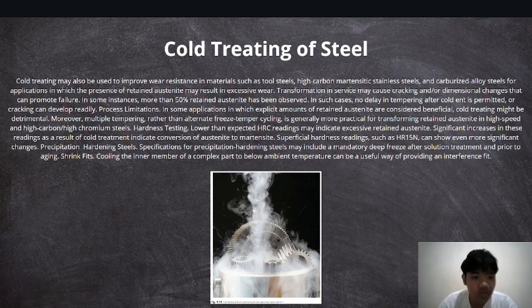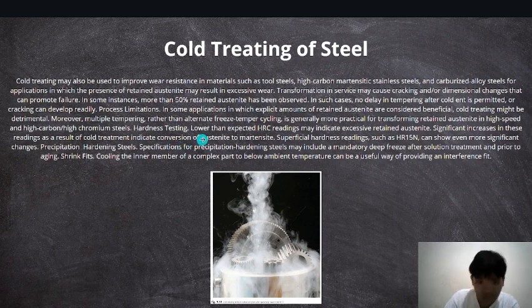Process limitations. In some applications in which specific amounts of retained austenite are considered beneficial, cold treating might be detrimental. Moreover, multiple tempering rather than alternate cooling and heating cycling is generally more practical for transforming retained austenite in high speed and high carbon, high chromium steels.